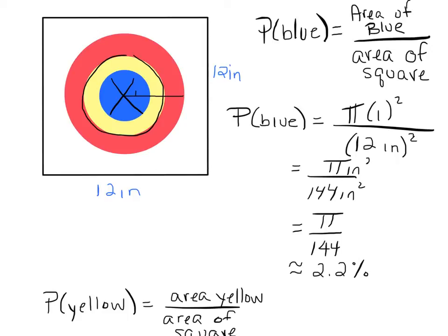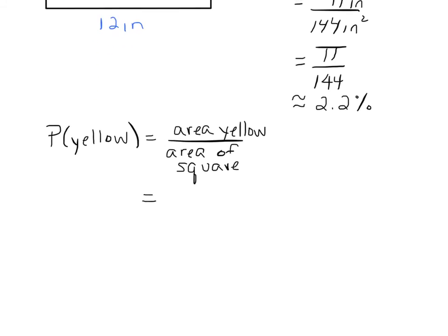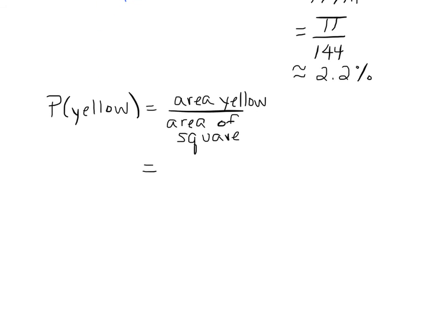Okay, so let's erase that. So we can't include that blue section, so we're going to have to subtract it from our total area of that circle. So let's find the area of the yellow circle first. So just like before, it's pi. This time our radius is 2 inches squared.